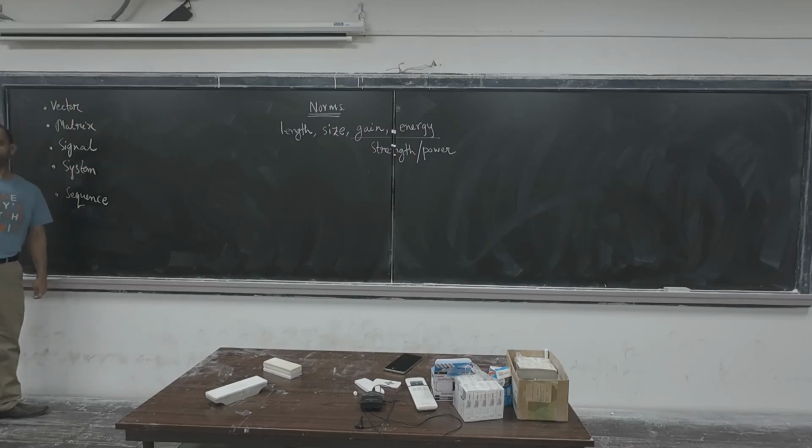All of these are different types of mathematical objects, and for all of them, at some point, we need to quantify their length or size or their power. I mean, either the energy content or their gain, something like that. Okay. So for each one of them, we have to define the norm.